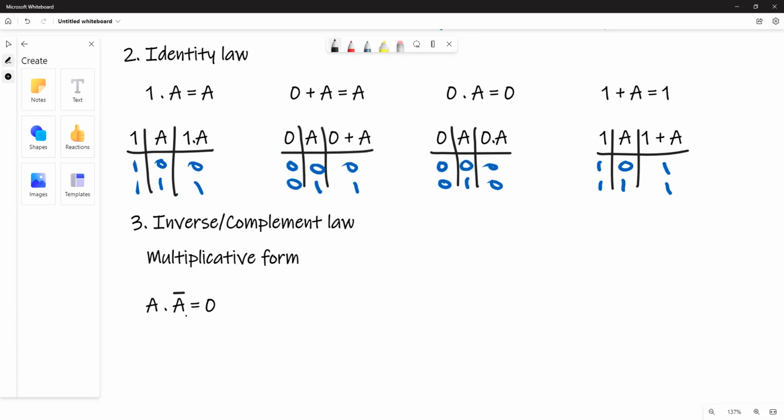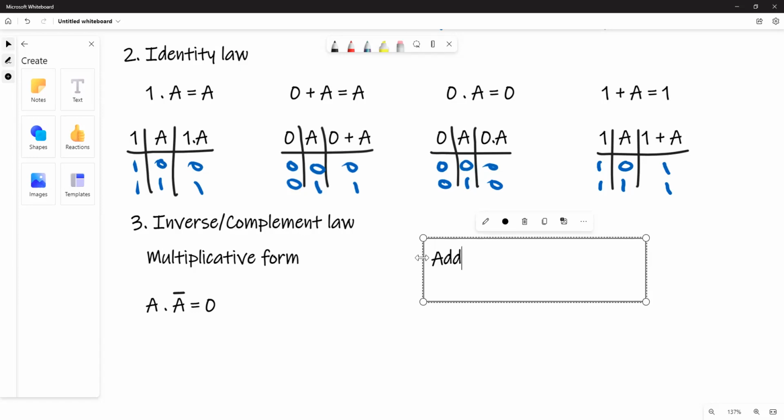So draw the truth table. Similarly, there's another form. This form is called the additive form. So in the additive form, we have A plus A bar equals 1.